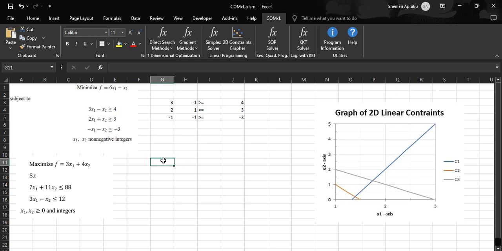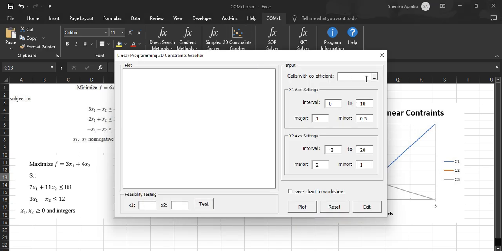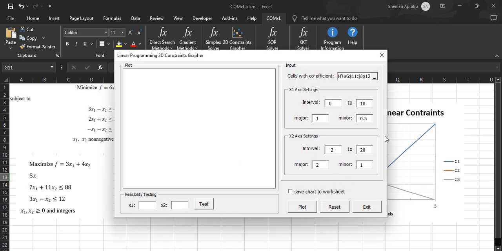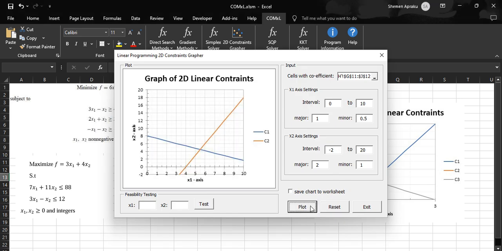Now for the next problem, it says maximize the function 3x1 plus 4x2 subject to these constraints. So I extract my equations of the constraints. Let me just plot it first.